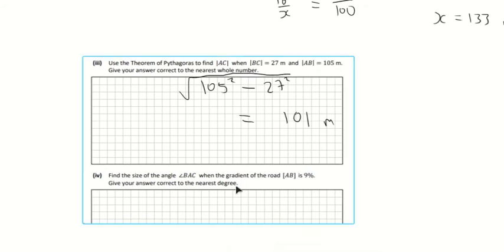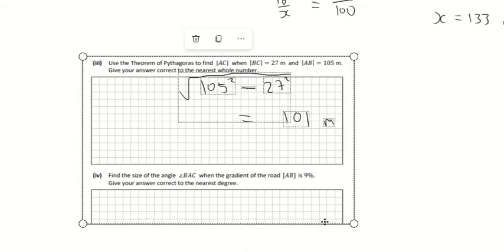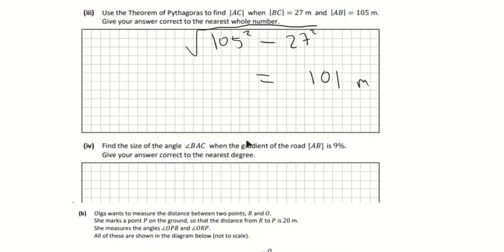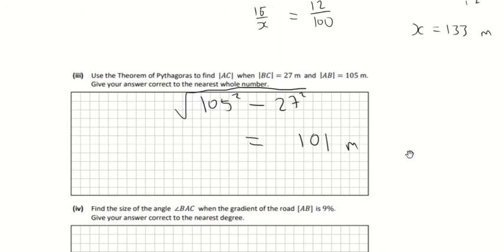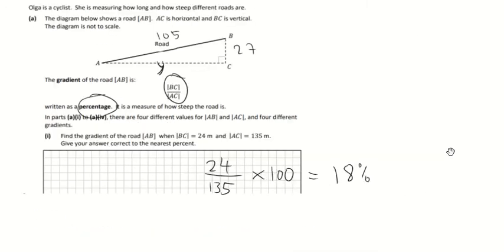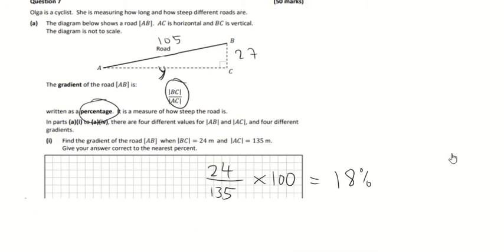So find the size of the angle BAC when the gradient of the road is 9%. So BAC was this angle down here, so we have to find that angle.